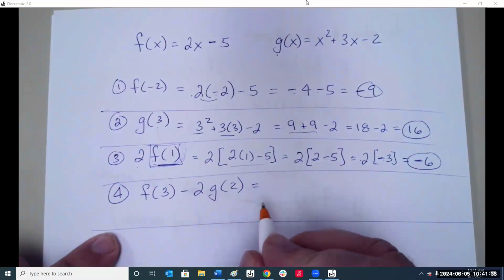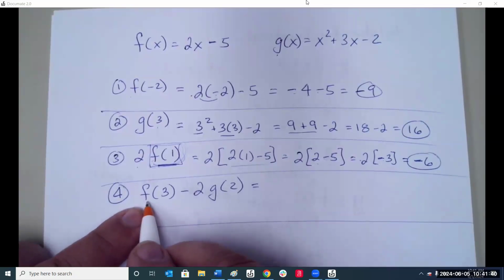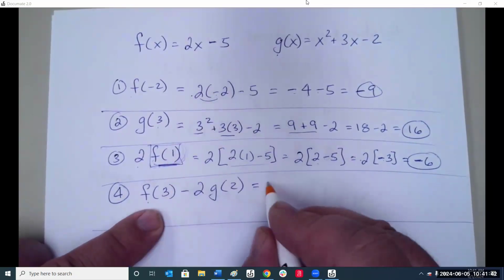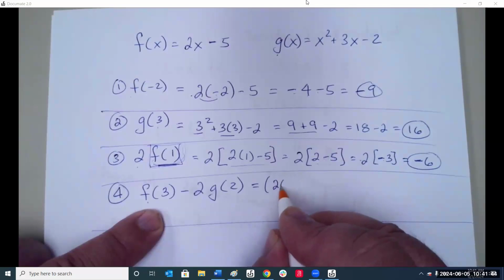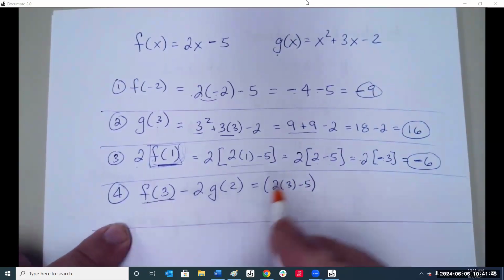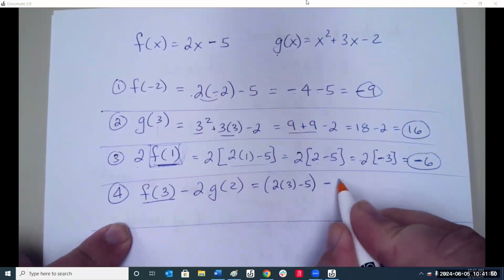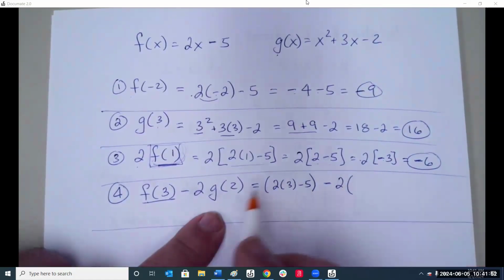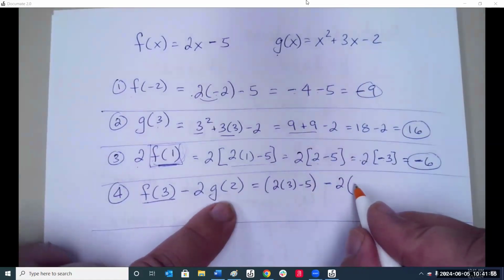Okay, in the fourth one. In the f function, I put a 3. So it's 2 times 3 minus 5. That's the first part. Minus 2. I go to the g. Anywhere I see an x, I put a 2.